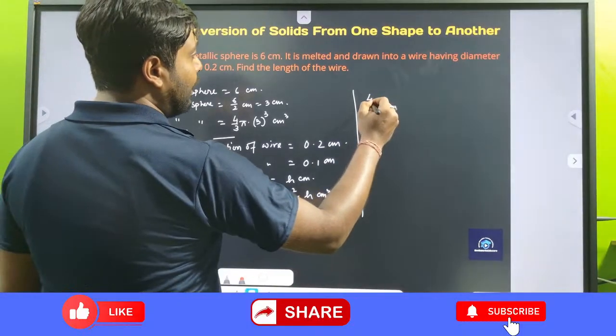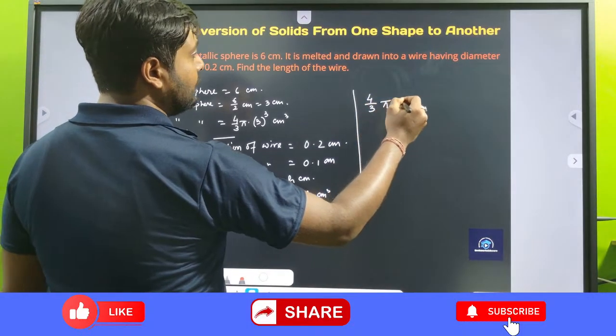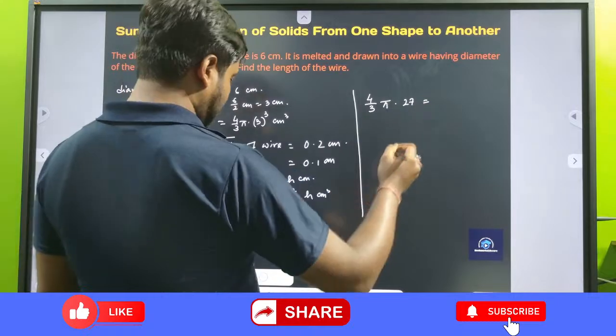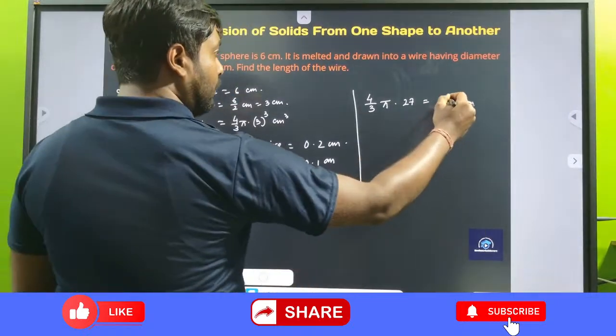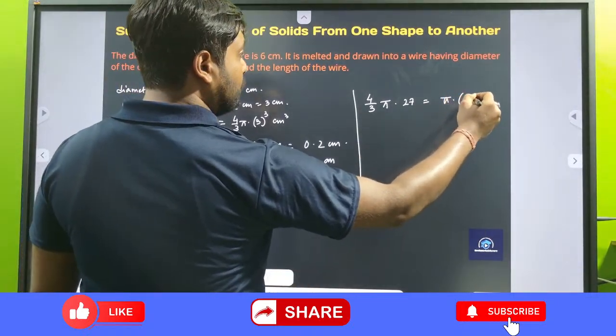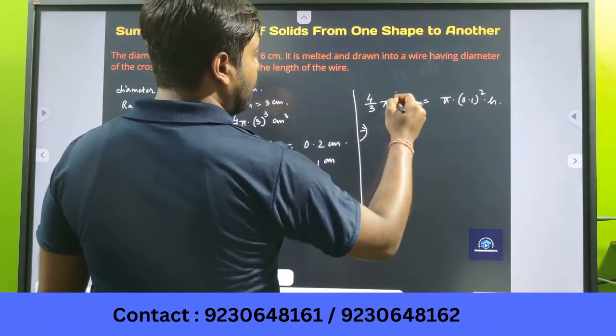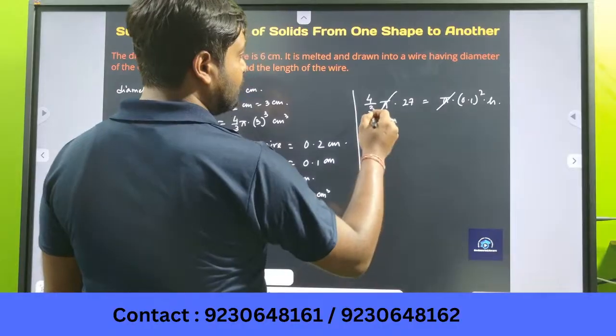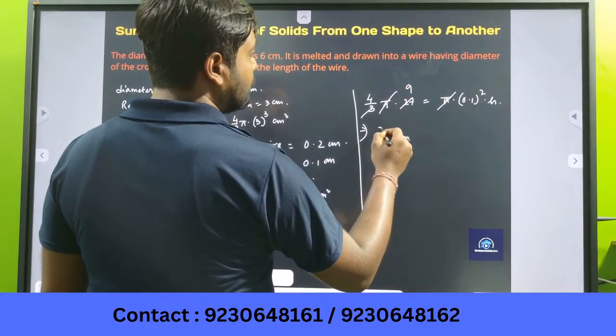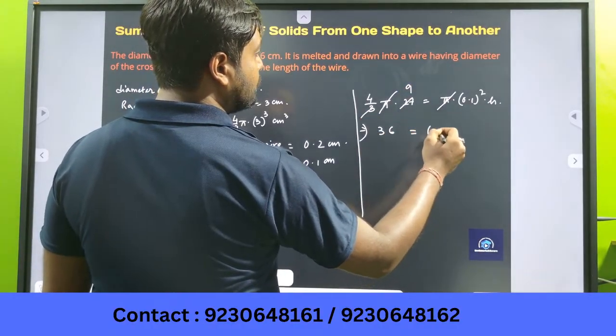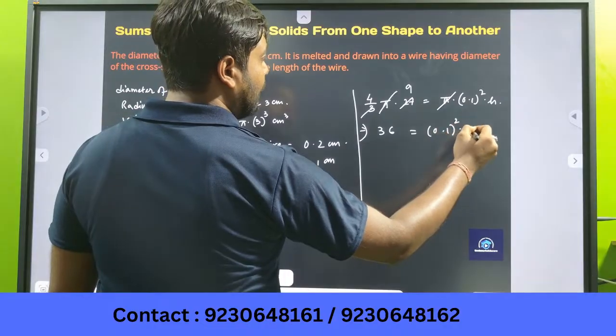So 4/3 pi, this will be 27, equals pi times 0.1 square into h. So pi and pi will cancel out, 3 and 9. So 36 equals 0.1 square into h.